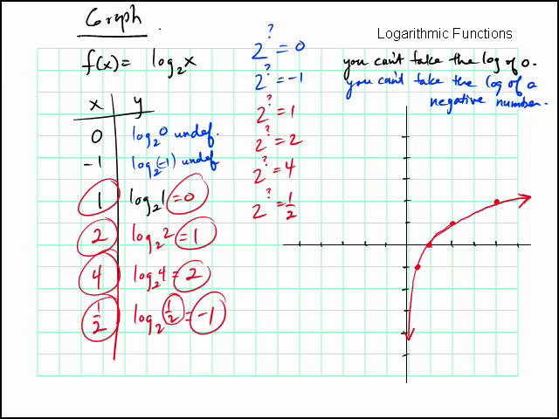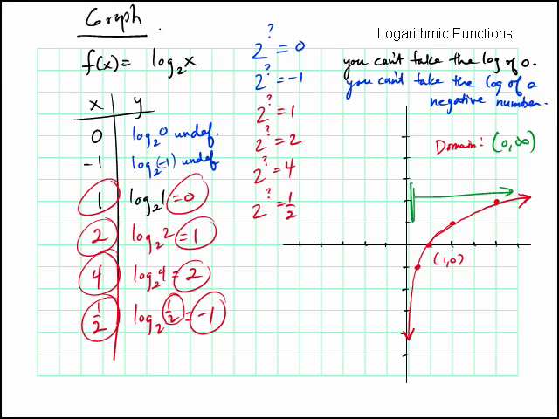And basically all log functions look like this. They all go through 1, 0 here. And in this case, the domain, the x values, everything is from here over. So the domain is from 0 to infinity. Notice that it does not include 0 because you can't take the log of 0.